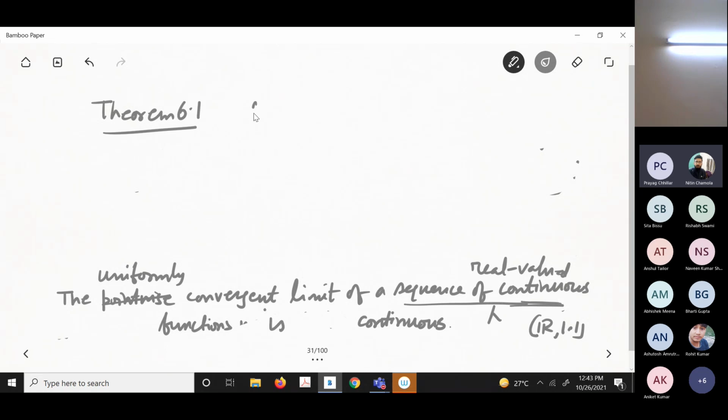That means, suppose you have this f_n from (X, tau), a topological space, to R on this side, which has the usual topology. Suppose each of them is continuous, for all n.